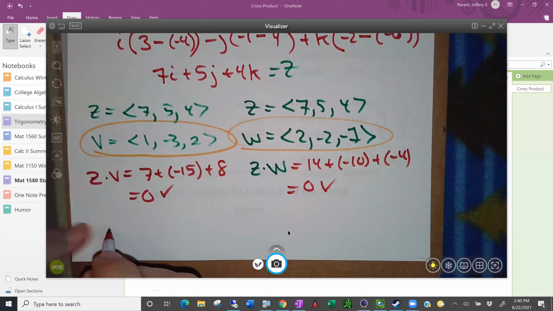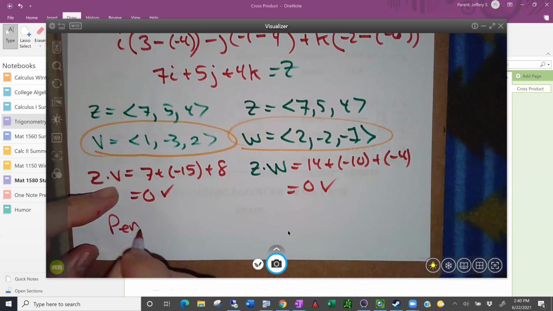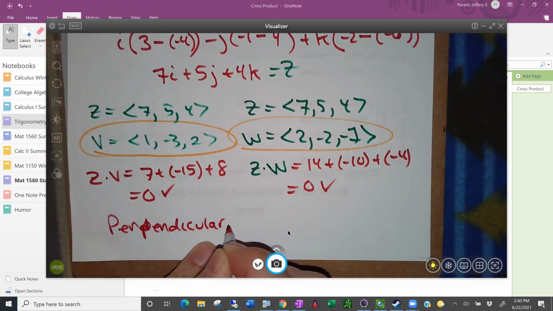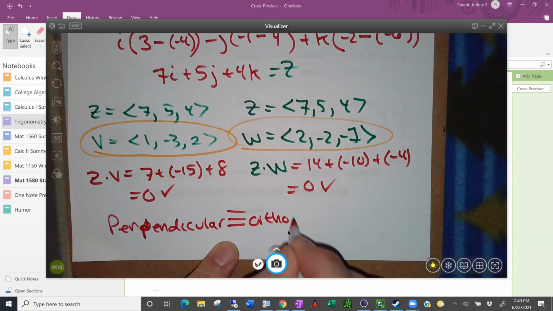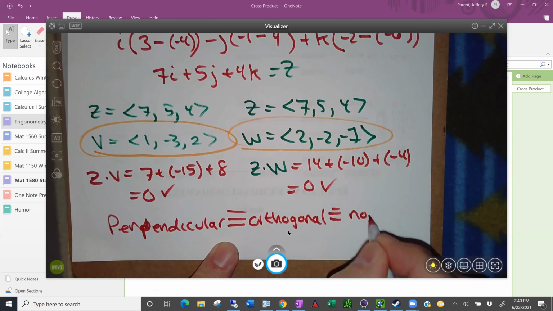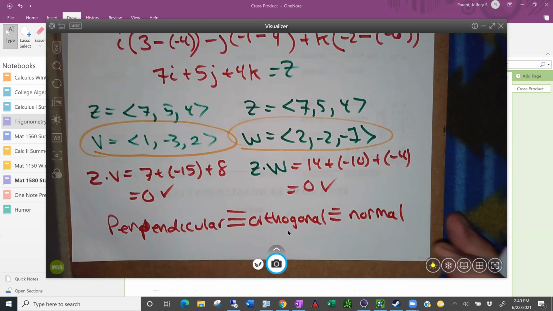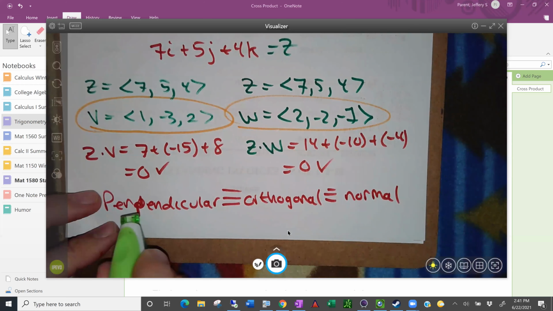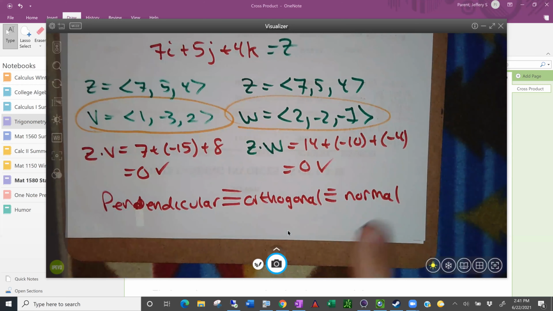So perpendicular is equivalent to orthogonal is equivalent to normal. And there are actual nuances here, but for the purposes of our class, they're mostly interchangeable, all right? Normal is just kind of a fancy way of saying perpendicular.